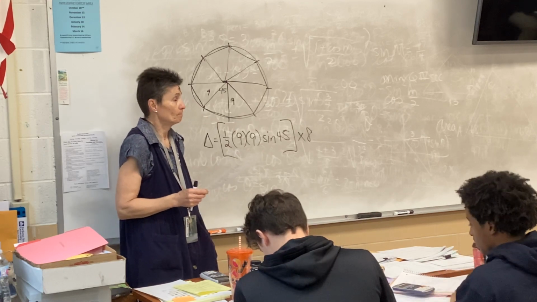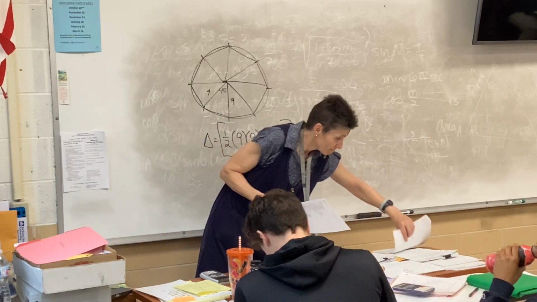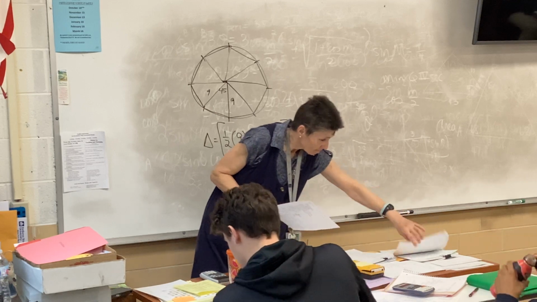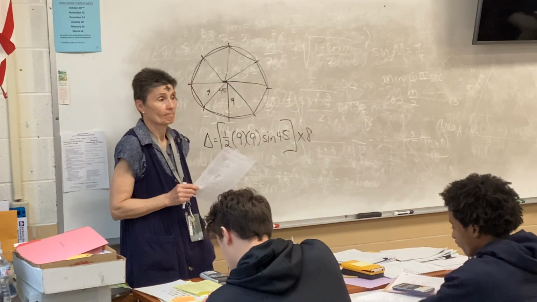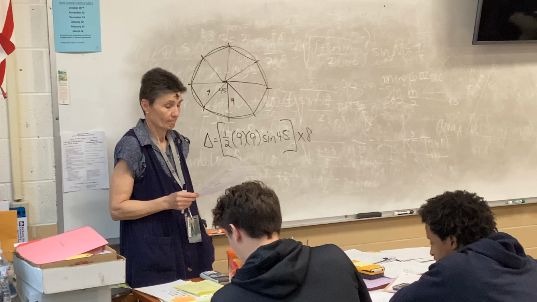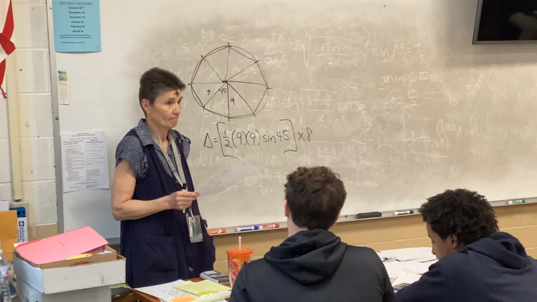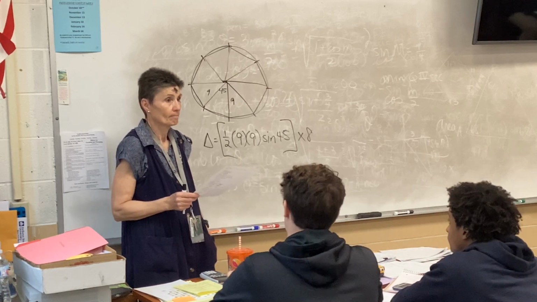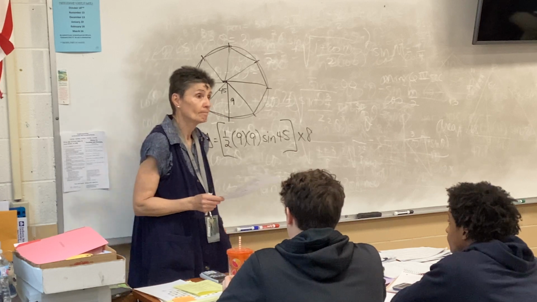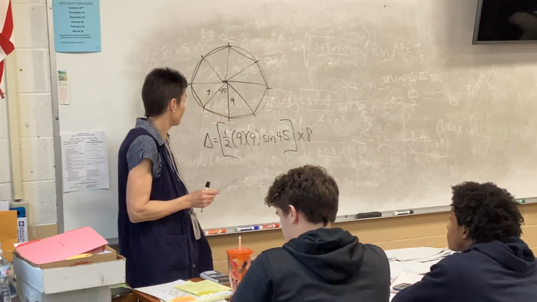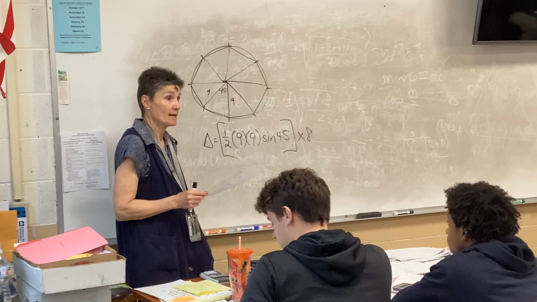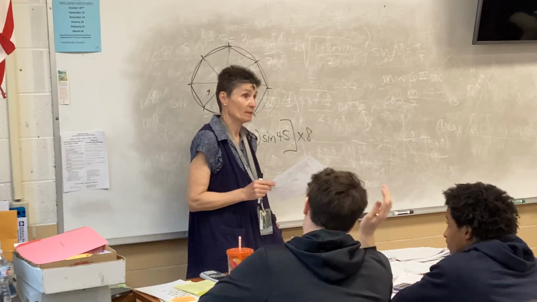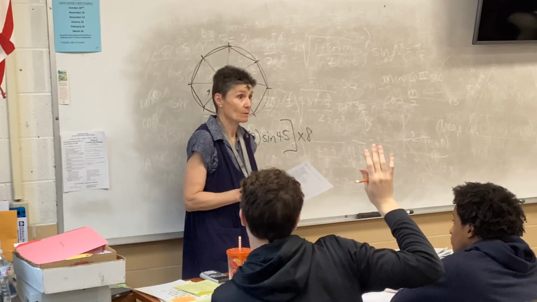What else? Is that 1/2 base height, side 45? Hmm? Like right there, you did the area for the individual triangle. 1/2 side, side, sine. One of our area formulas. You need to make sure you're watching the videos, okay?